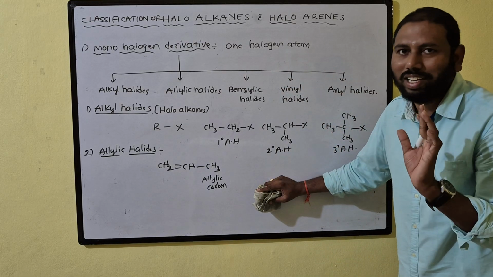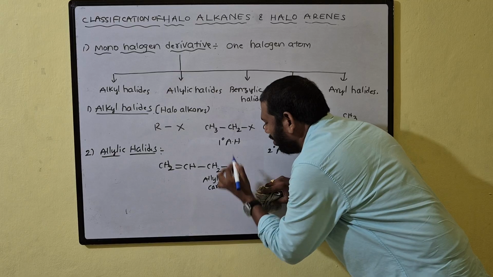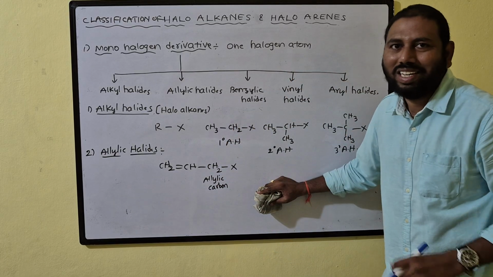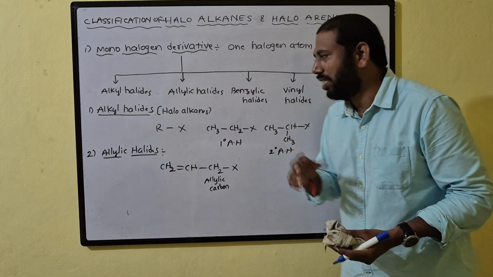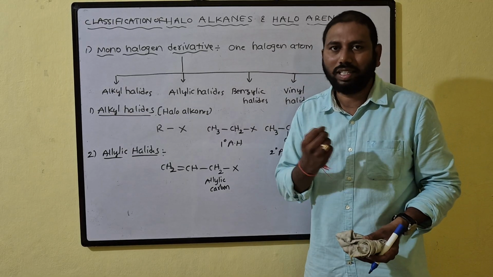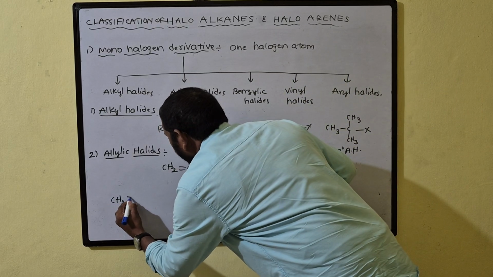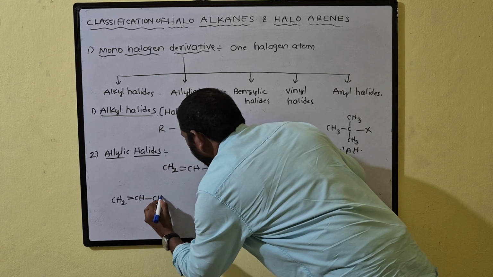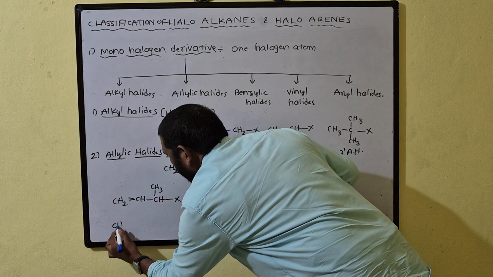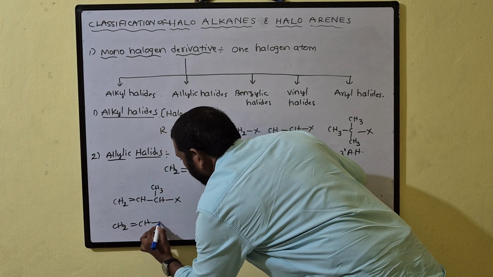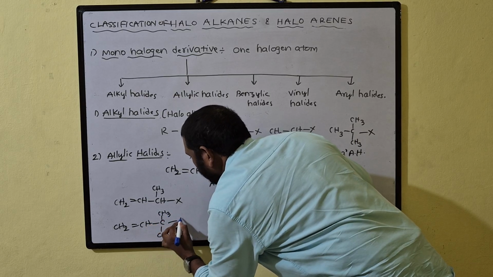Now what is an allylic halide? Just remove a hydrogen and add one halogen atom to the allylic carbon. If the halogen is directly attached to an allylic carbon, that is called an allylic halide. Again, these are classified into 1 degree, 2 degree, 3 degree allylic halides. For example, CH2=CH-CH2X.